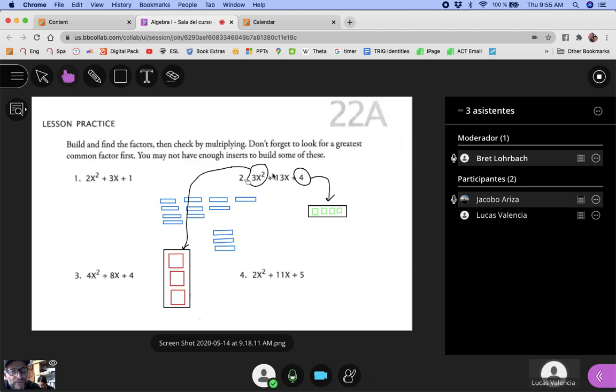Lesson 22 is different. Okay, so we find factors. We set up the boxes either as 3 rows of 1 or one row of 3. It doesn't matter. They're both the same. Okay, I'm going to choose three rows of 1.